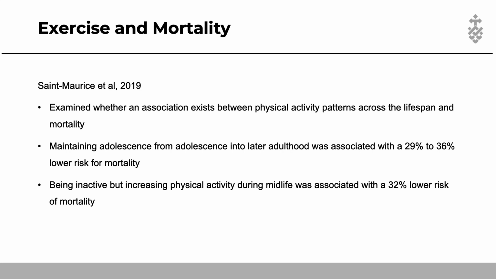So this study had 300,000 participants in it, and they found that maintaining physical activity from adolescence into later adulthood was associated with a 29 to 36% lower risk of all-cause mortality than being inactive. So a pretty huge decline in that risk of dying.